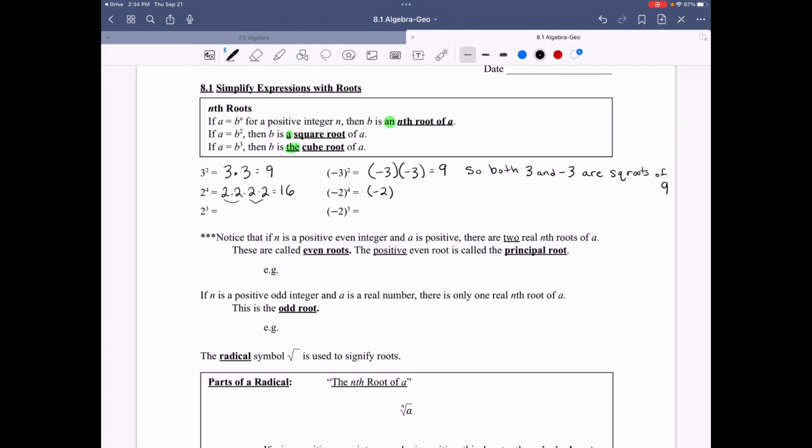A negative 2 times a negative 2 is positive 4, times negative 2 is negative 8, times negative 2 is positive 16. So 2 and negative 2 are fourth roots of 16.